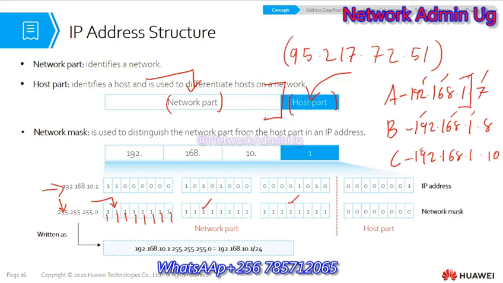Therefore, this gives us another way to write our IP address. We can write 192.168.10.1 with its subnet mask, or we can write it with the slash notation. Take note of this: it is only an IP address if it has a subnet mask.